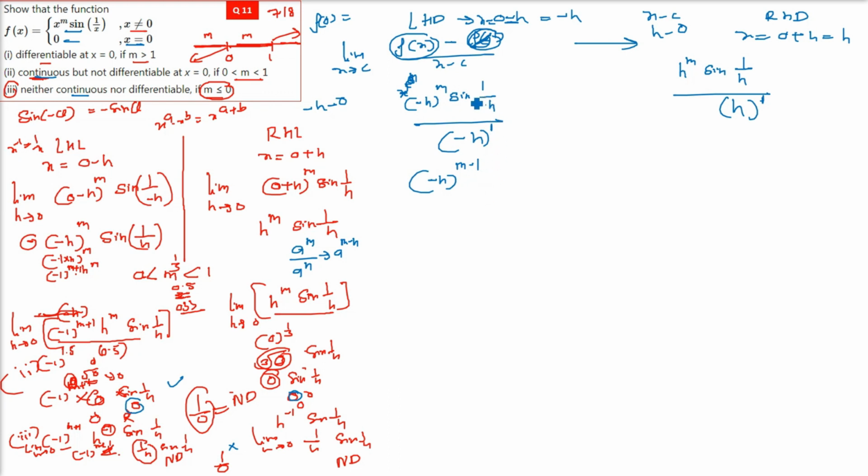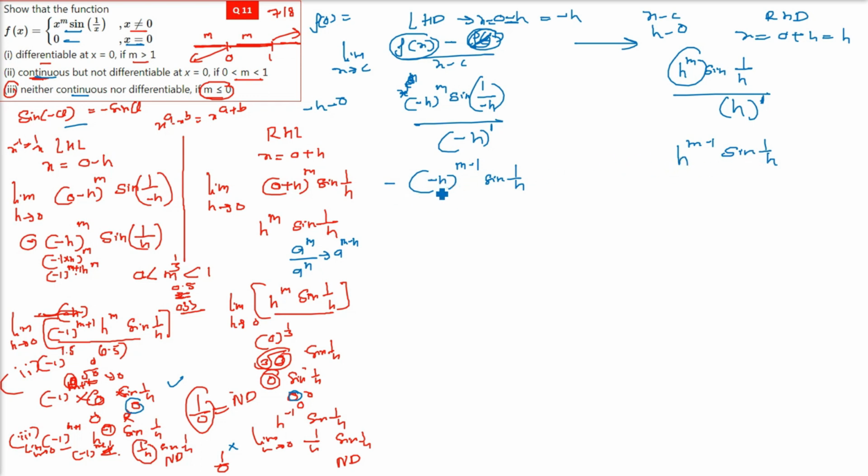And here we have sine of minus 1 by h. So sine minus theta is minus sine theta. So I am taking minus outside. It will be sine 1 by h. I am trying to make the LHD and RHD the same, the way I did it in the continuity. So h raised m minus 1, same thing, sine 1 by h. Now, since they are not equal, I want this negative of the LHD to be combined with the negative outside.